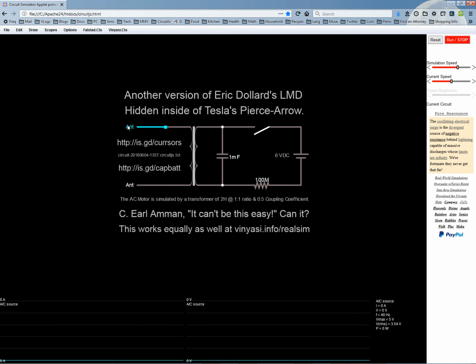If we do it the way C. Earl Lamont did, and put one over one headlight and one over the other. And by the way, he didn't use aerials, as Tesla's Pierce Arrow story tells us. He used bronze spheres, hollow spheres. And that's perfect because it sets up capacitance, a charge inside that sphere, and a lot of surface area for the air to flow across. An aerial has very little surface area, and so it's not very efficient.